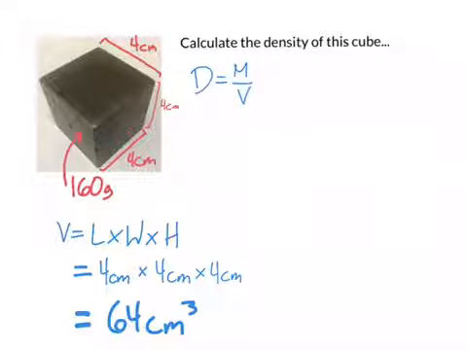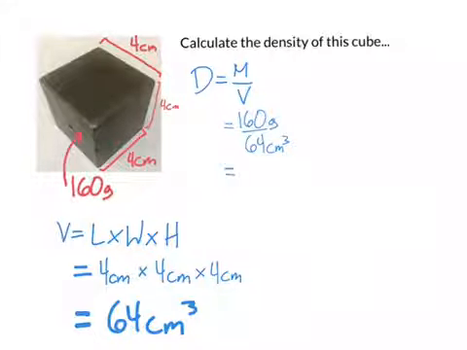All right, so we're going to come back to this equation now, and let's complete the problem here. We're going to try to find density. And we now know that our volume is, based on our calculation below, 64 centimeters cubed, and our mass is, based on the diagram there on the left, 160 grams.